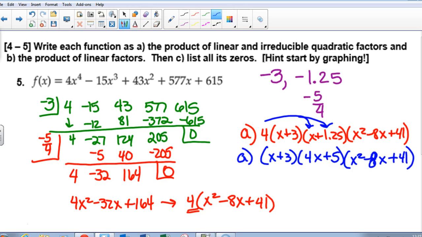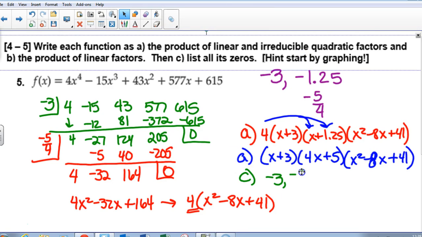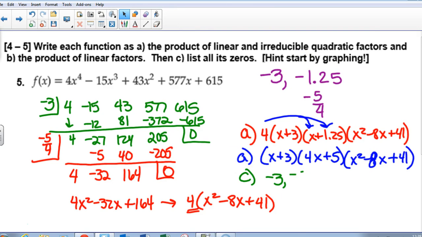I have to do C next because I don't know how to do B until I've done C. What are the zeros at, guys? -3, -5/4. And guess what we get to do?